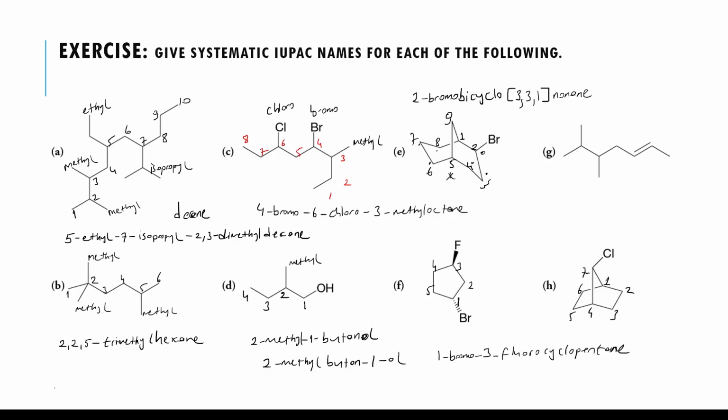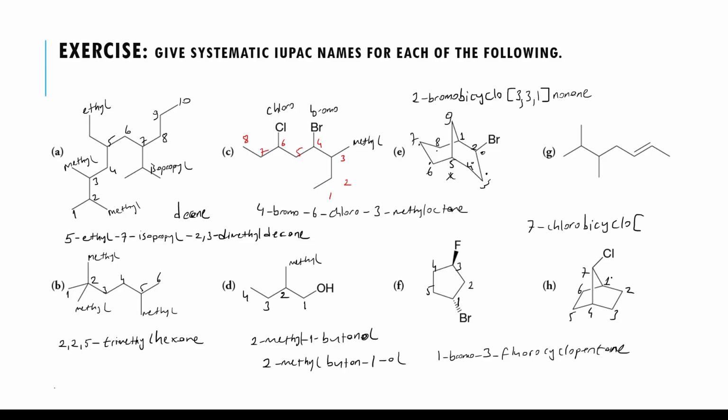Okay, so at number 7 I have a chlorine substituent, so you have to start by saying at the 7th position I have a chlorine, 7-chloro. Then this is a bicyclic system, bicyclo.